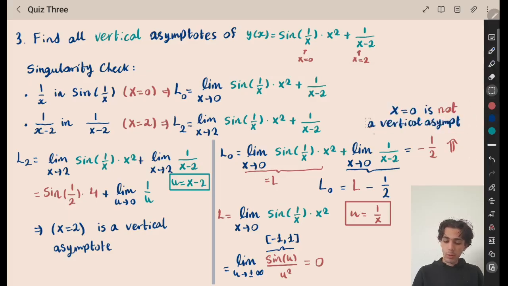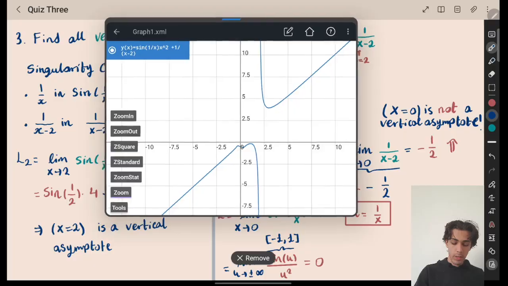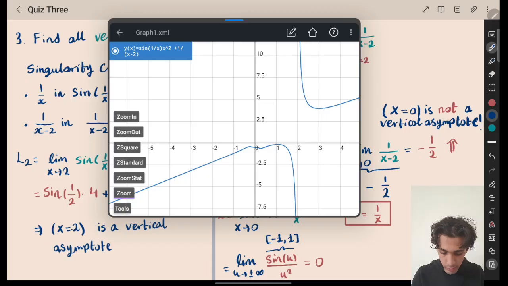And I will show you now a graph of the function so that you can believe me. There it is. So at x is equal to 2, I don't know if you see this clearly.